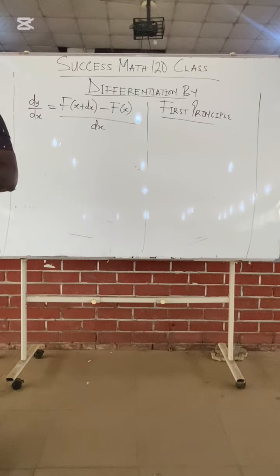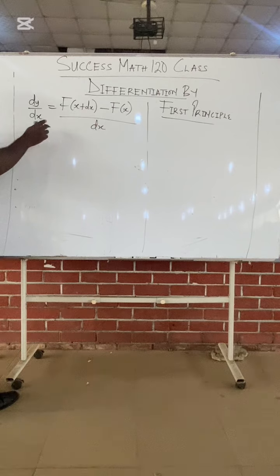F of x plus dx minus f of x all over what? Dx. Class, after applying this formula, if they see dx in your final answer, then you apply the limit as dx tends to 0. You then apply the limit as dx tends to what? Class, it means that in this function you must get f of x plus dx and f of x.